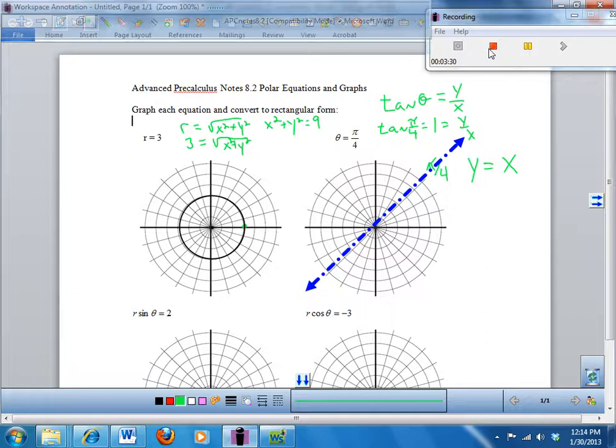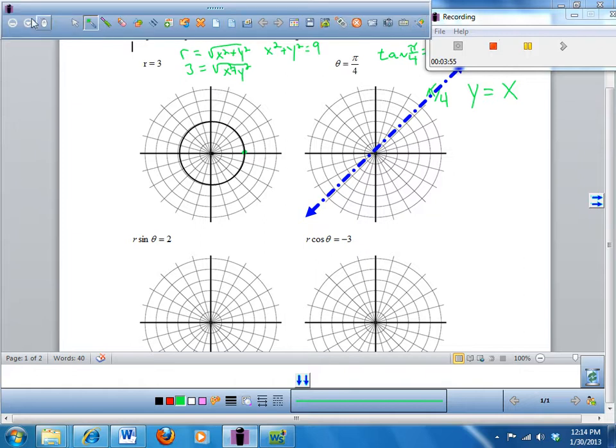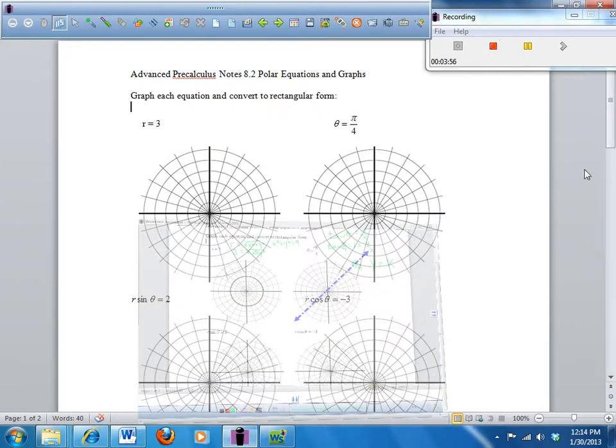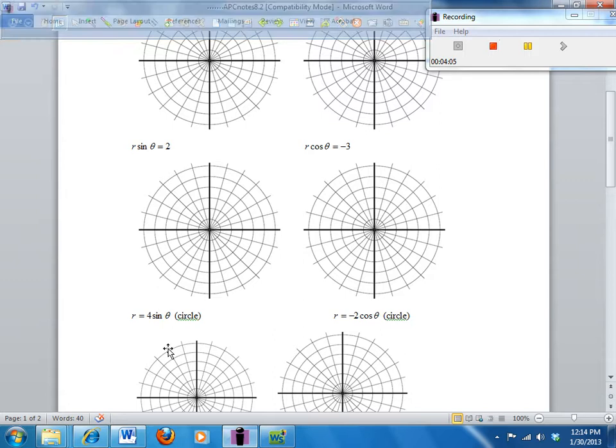Okay, so moving on to the next problem, boys and girls. We are going to do this one, and I'm not going to do the other one as well because it's kind of the same thing, and this one's pretty similar, but let's do this one. So this one also makes a circle, okay?